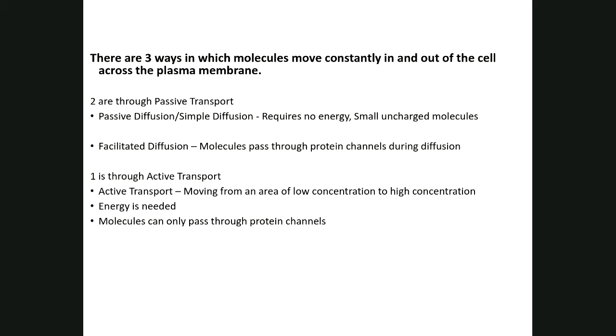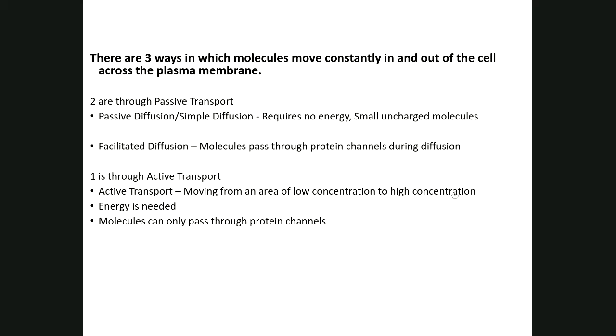Usually, the only reason you need active transport is because you're moving something against the gradient. What I mean by against the gradient is moving something from where it's found in low concentrations to where it's found in high concentrations. So it's the opposite of the direction in which things usually move with diffusion.